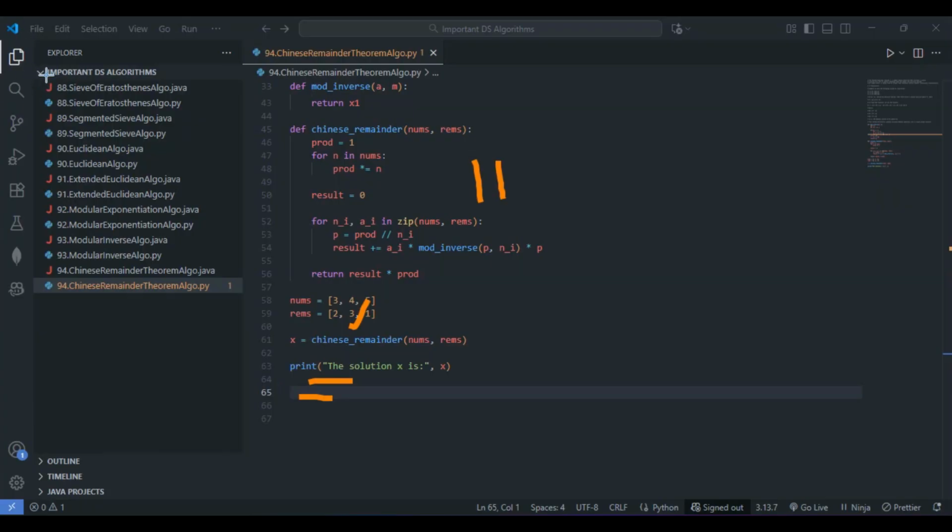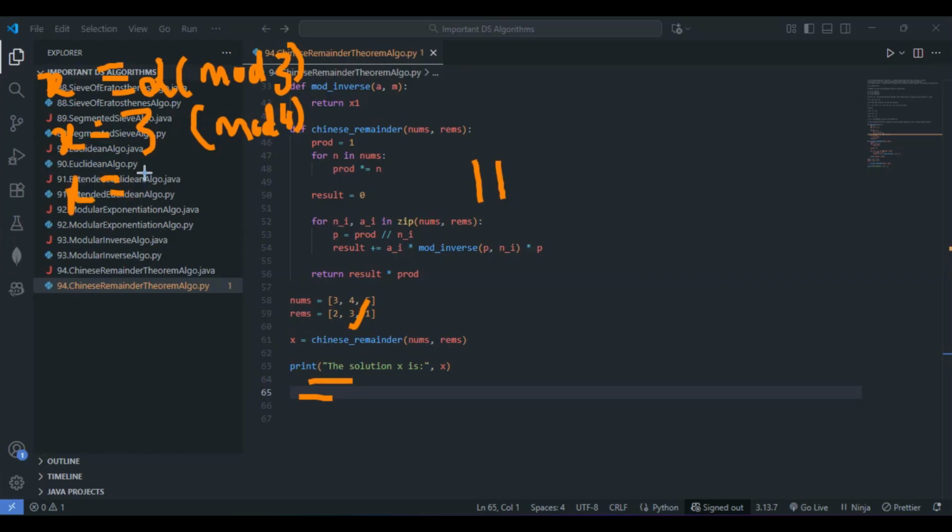The given congruences we can write in this way: x equals 2 mod 3. Next we have x equals 3 mod 4, and x equals 1 mod 5, since the numbers we have considered are 3, 4 and 5.